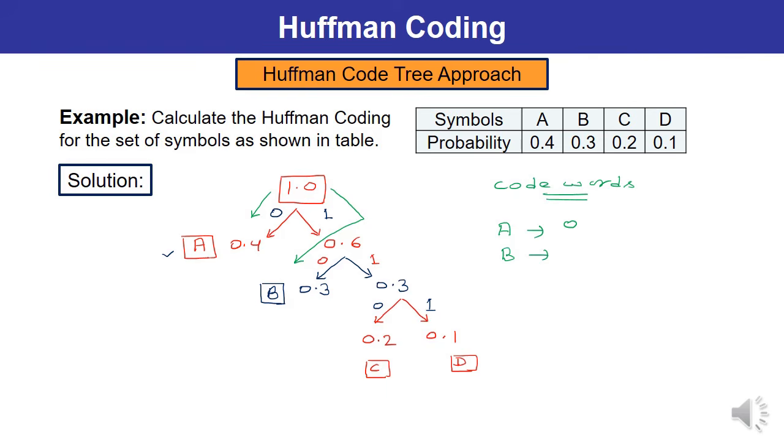So what is the code word? This is 10. For C, similarly, you can write starts from here 1, 1 and 0. And similarly for D, you can write it as 1, 1, 1. So this is how you can construct Huffman code tree.